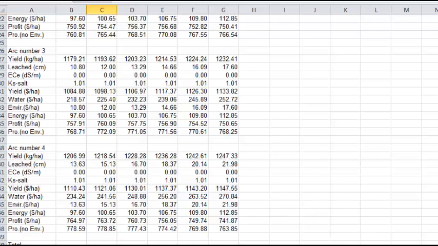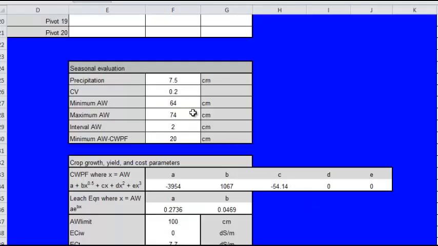So I think in your homework problem you're asked to investigate if you had a variability of, say, a CV of 0.1 instead of 0.2. All you do is change this 0.2 to 0.1 right there. And let's just do a dramatically different one. We'll change it to 0.5.